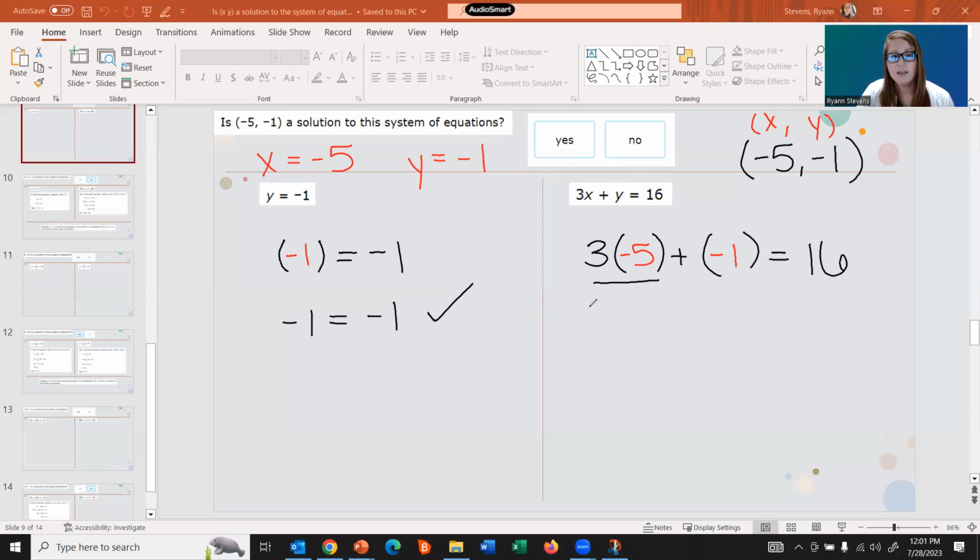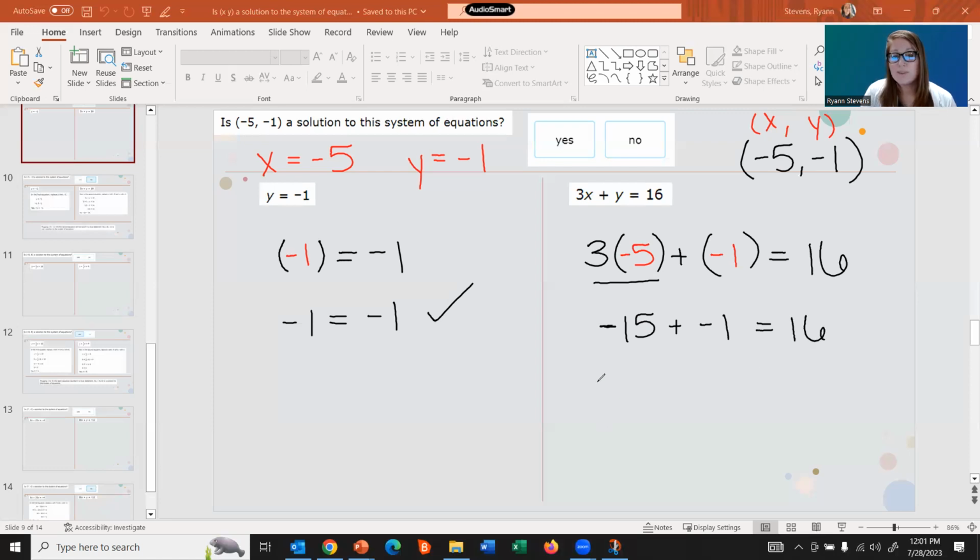For multiplication, if the signs are the same, we'll have a positive answer. If the signs are different, we'll have a negative answer. So we're going to multiply just as normal. 3 times 5 is 15, but we can see we have a +3 and a -5, which means our answer is going to be negative. The signs are different. Then we have plus a -1 is equal to 16.